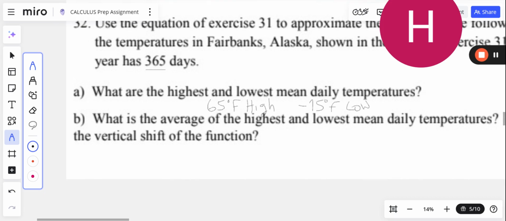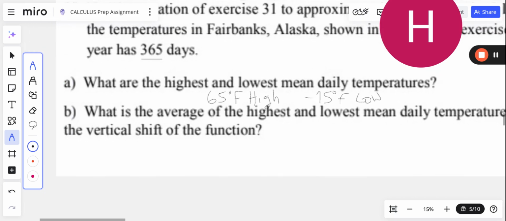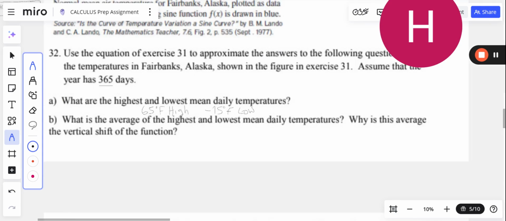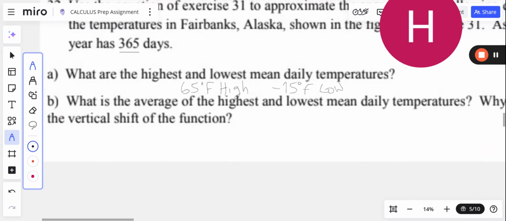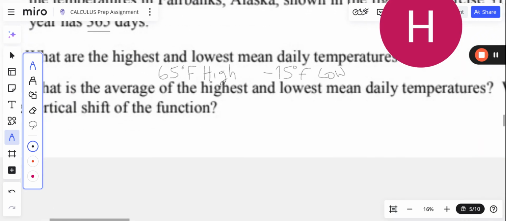What is the average of the highest and lowest mean daily temperatures? Why is this average the vertical shift of the function? Well, that kind of makes sense, right? We're going to have the highest points plus the low, and that's how you find the middle. That's how you find the midline.